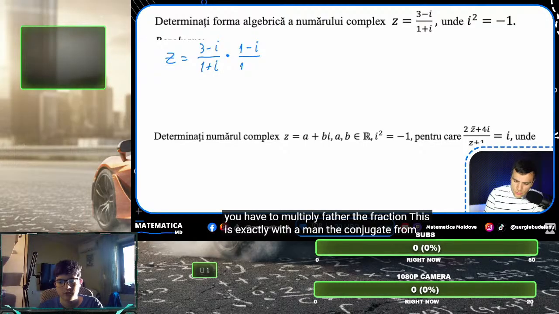So we work from here. 3 minus i right there. Yeah, 1 plus i. So what he is doing now, he multiplies it by 1 minus i and 1 minus i once again. And it's gonna solve from there, bro.